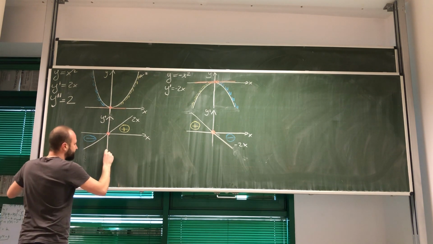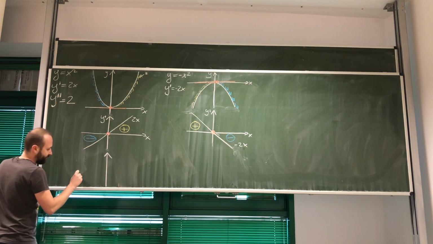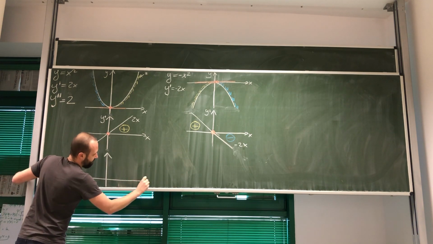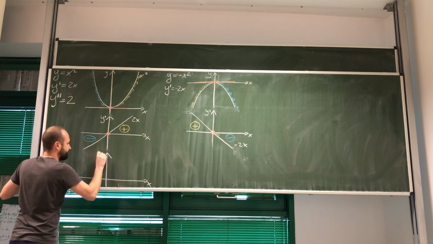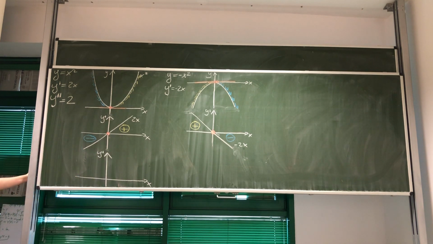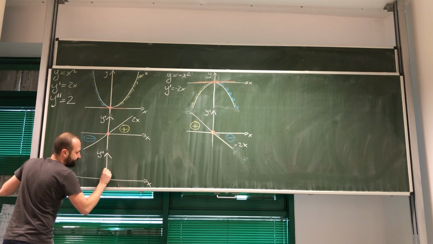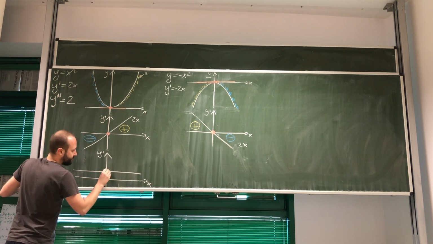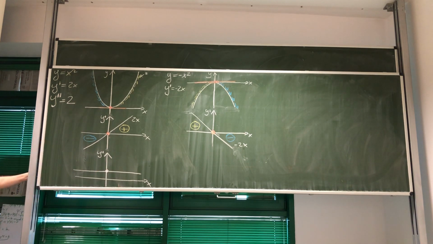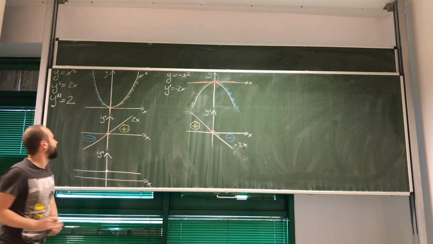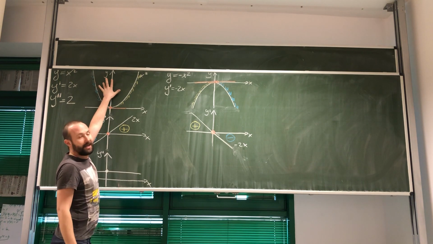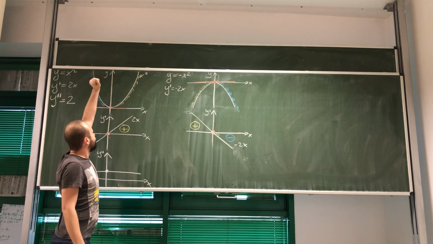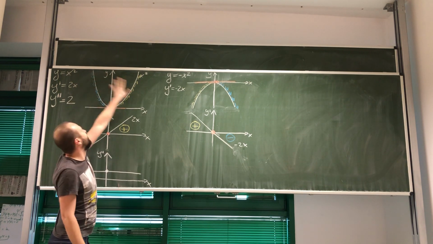So if I want to draw this function over here, how will it look? Look, this is a constant function that takes only one value, 2. Okay, now let's for a second forget that we even have this.